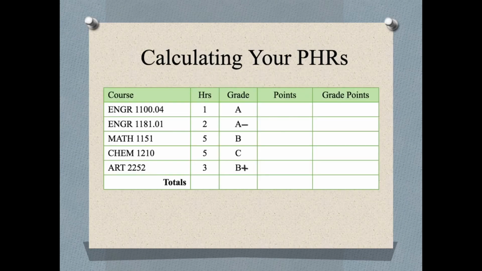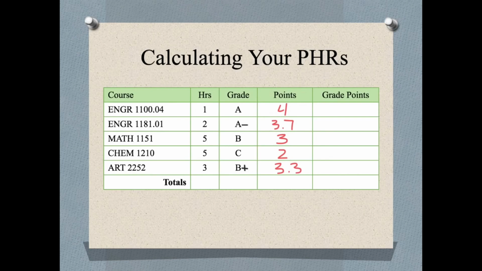In order to calculate your point-hour ratio, you need to start by listing all of the courses you would like to include in your calculation, as well as the number of credit hours for each course and the grade that you earned in each course. You will then need to write down the number of points you receive for each of the grades. So, for an A, you get 4 points. For an A minus, you get 3.7. A B is 3 points, a C is 2 points, and a B plus is 3.3. Next, you'll need to calculate the number of grade points you're receiving for each of these courses.